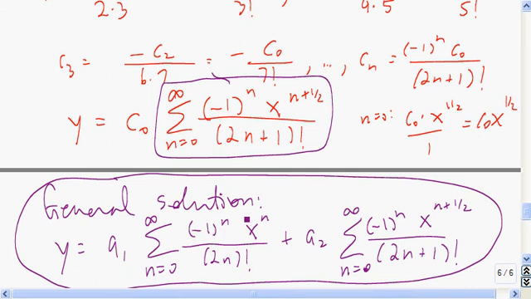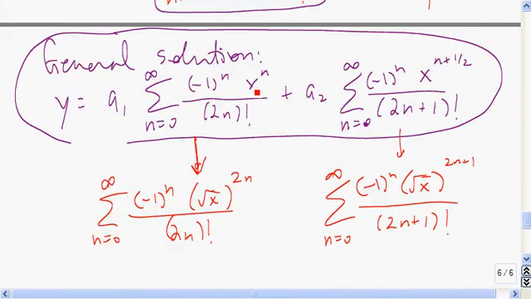Okay, so because of this 2n factorial, the negative 1 to the n, I'm thinking cosine, and this 2n plus 1 factorial, negative 1 to the n, I'm thinking sine. But remember that the exponent has to match the number in the factorial. So we can do a slight modification here. If we replace each x with the square root of x, then because of properties of exponents, we get these two quantities.